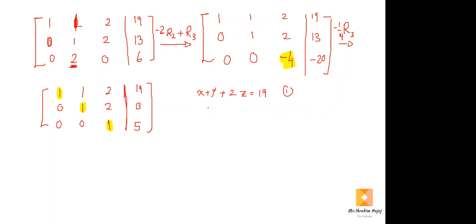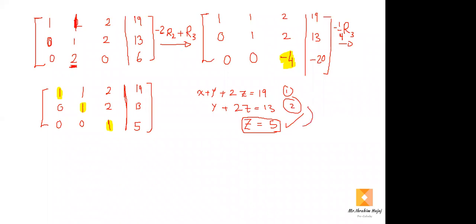The second equation is 0x plus 1y plus 2z equals 13. The third equation is 0x plus 0y plus 1z equals 5. So we got the value of z, which is 5.